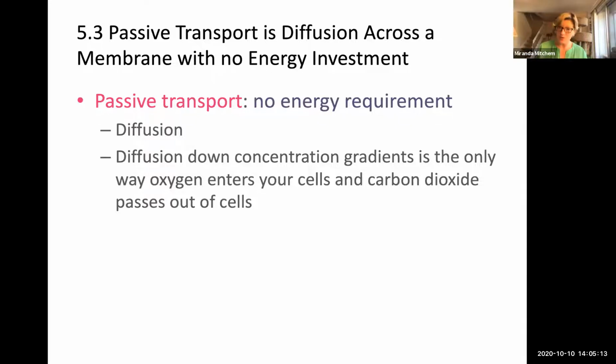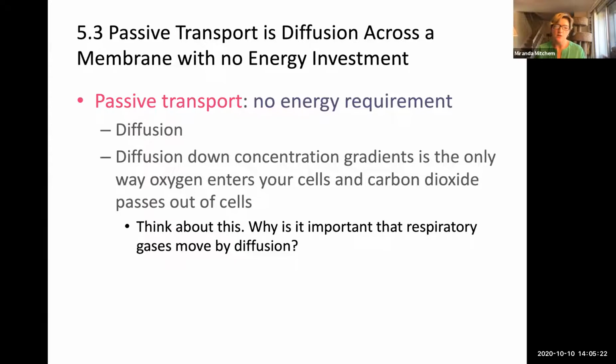And that's really important so that oxygen may be delivered to every cell in the body and carbon dioxide may be removed. So why is it important that the movement of our respiratory gases be a passive process?